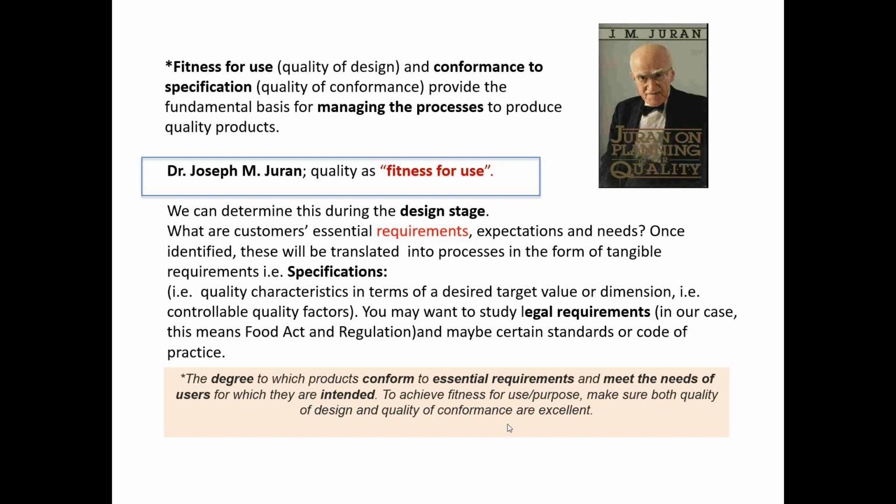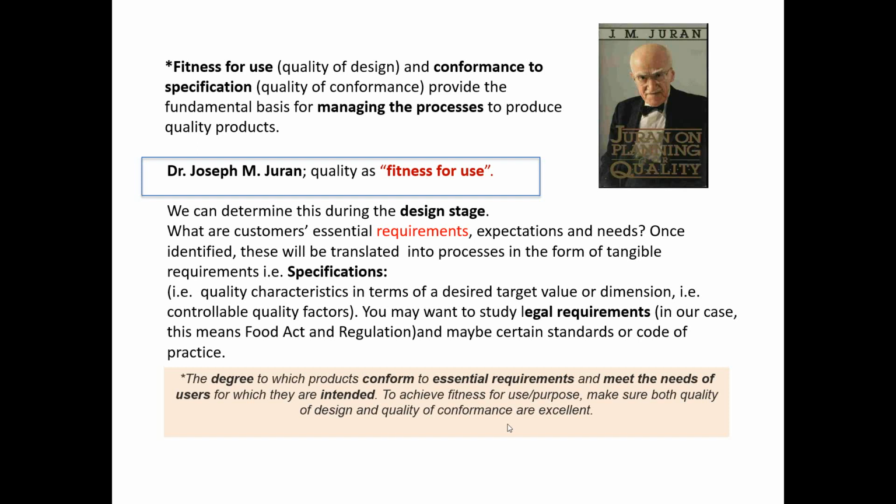So the design stage determines the essential requirements, expectations and needs. Once you identify, like I gave an example before, the crunchiness of nuts could be one of the requirements, and then you translate that into processes in the form of tangible requirements. We call this specification.